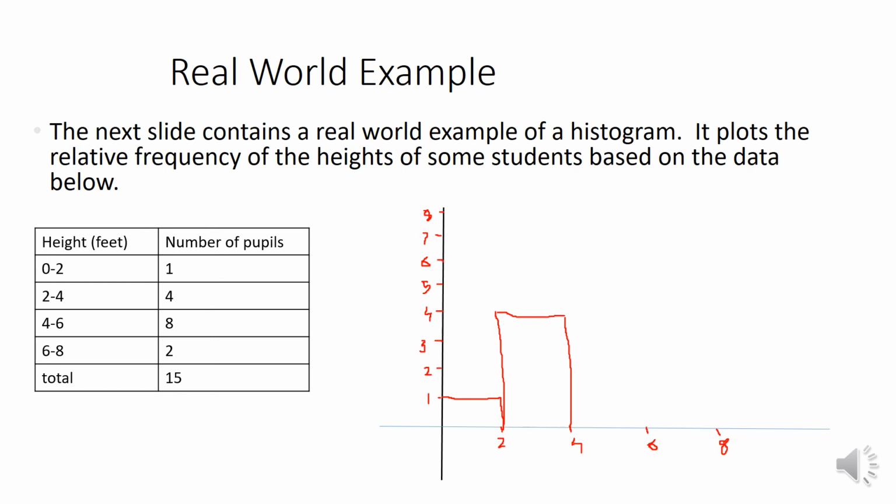Then 4 to 6 it is 8, so I have to raise this line up to 8. Then for 6 to 8, the height is again 2. That's why I have to mention this as 2.